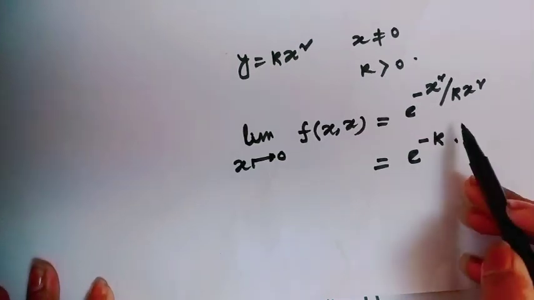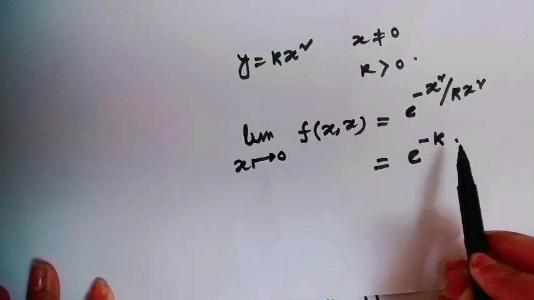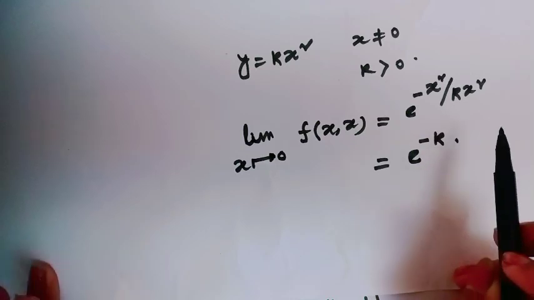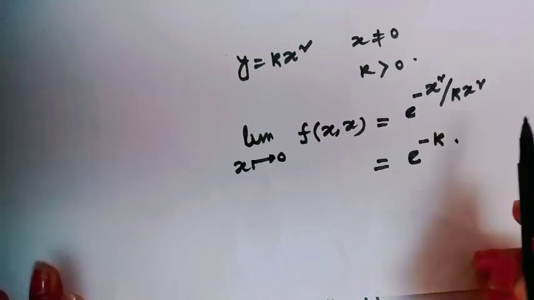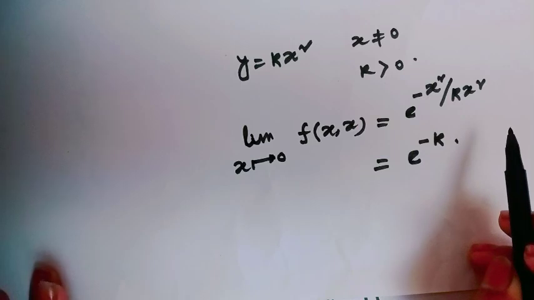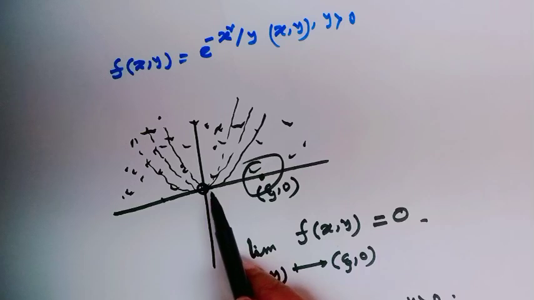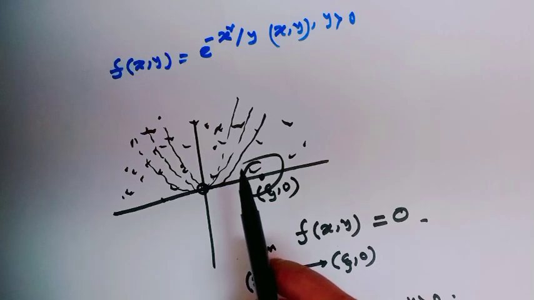That means the value of the limit depends on k. So the function cannot have continuity at the point (0,0). That means the function always has a discontinuity at the point (0,0). Okay? All right.